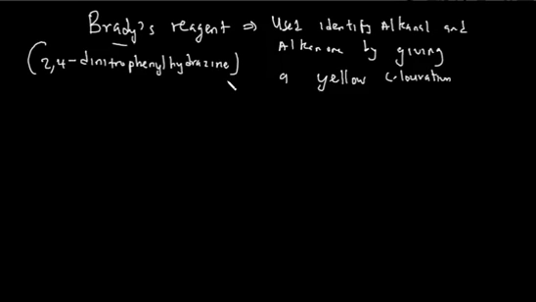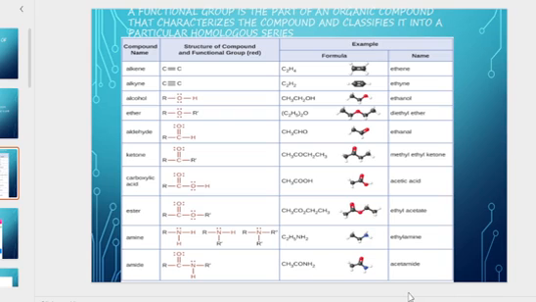So let's continue. The next functional group we're going to be highlighting is carboxylic acid. The carboxylic acid is characterized by COOH. What did I say? It is characterized by COOH.